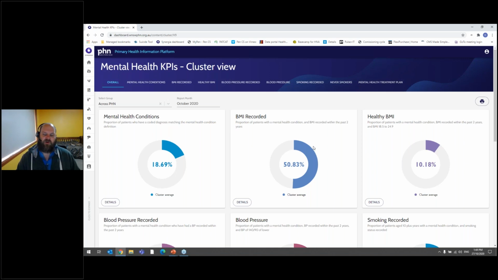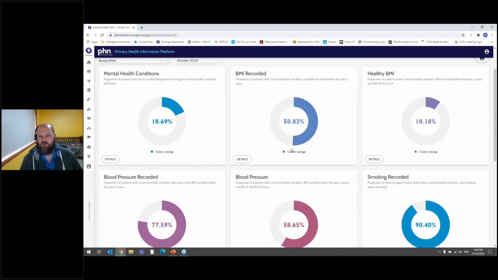So that's probably more of a reflection that a lot of the times we're focusing on the mental health aspect of a patient and not always thinking about having that conversation, or the fact that we're focused on mental health when we're not prepared, we're not feeling comfortable to have the conversation about the chronic disease risk factors. So you can kind of see here, for example, where we're not across the PHN being as consistent with asking about BMI with those patients that do have a mental health condition. And you can see here of those with a mental health condition where their BMI is healthy.